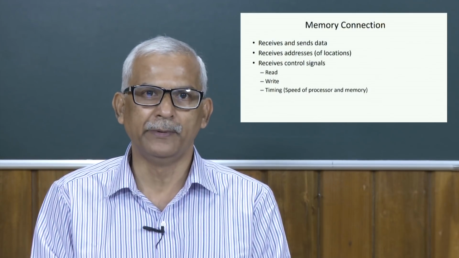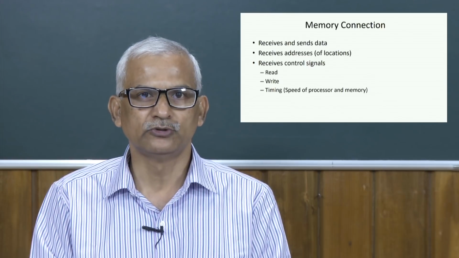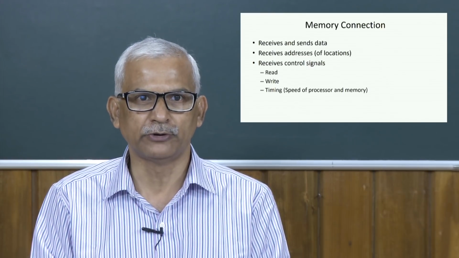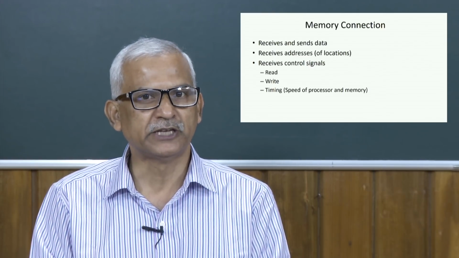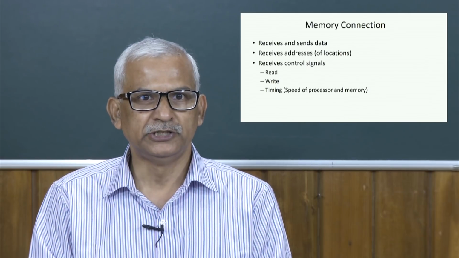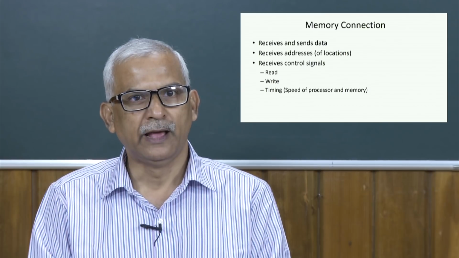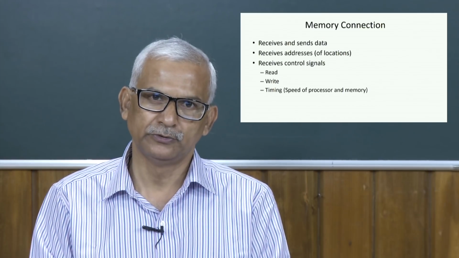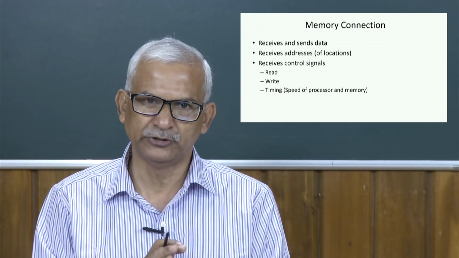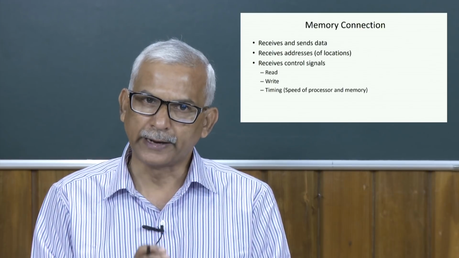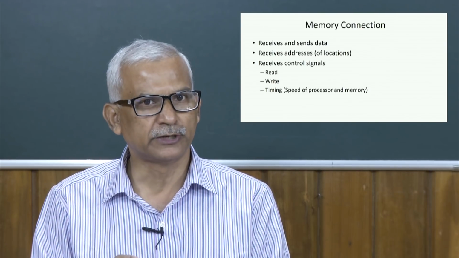So, basically we have a memory connection. With the help of the memory connection, what are we going to do? It receives and sends data, receives address or location, because we have to identify the location also, and receives some control signals. So, in the system bus we have 3 components. With the data bus, we receive or send our data.